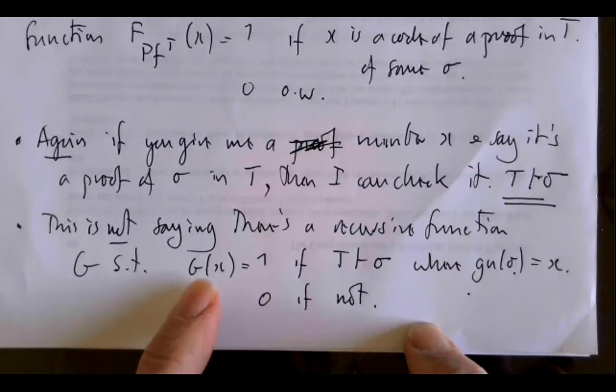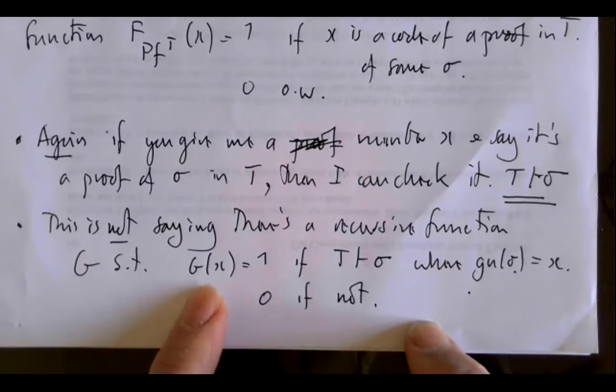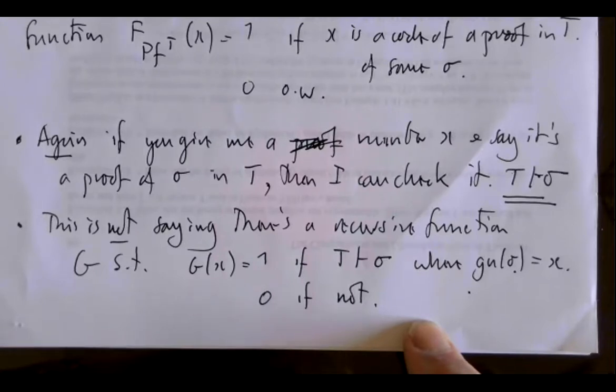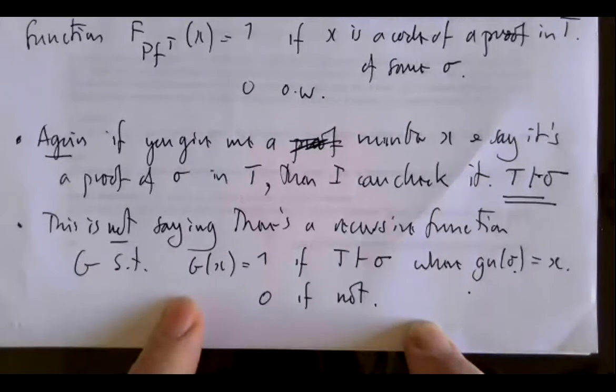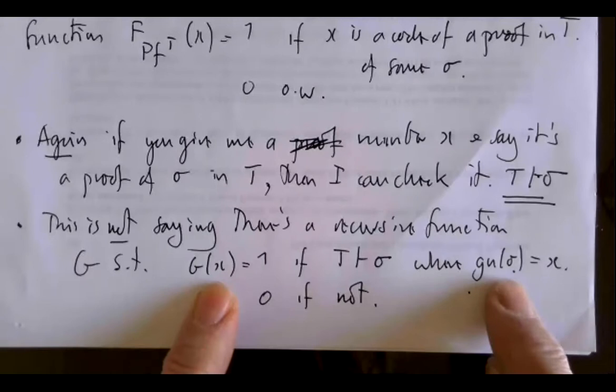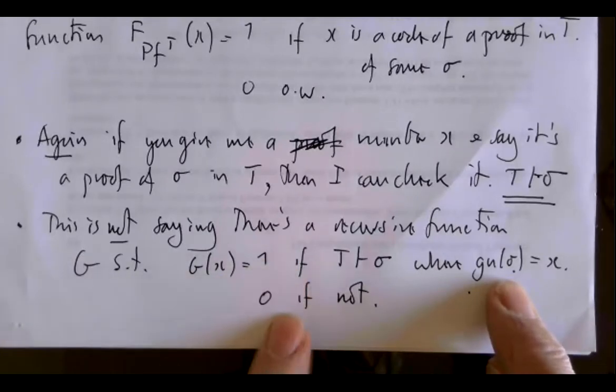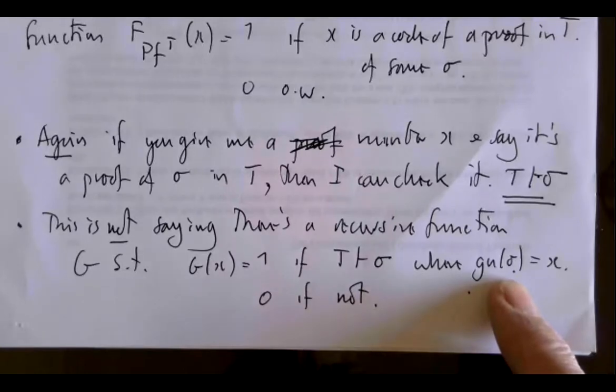Checking a proof is computable, but actually providing a proof is not necessarily. So we're not saying that there's a recursive function g that will, when I put in a code number for a formula that I'm interested in, return a 1 or a 0 if there's a proof or not.